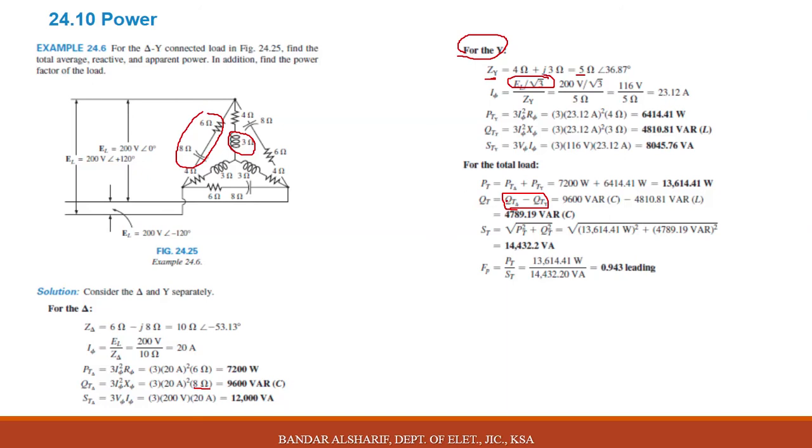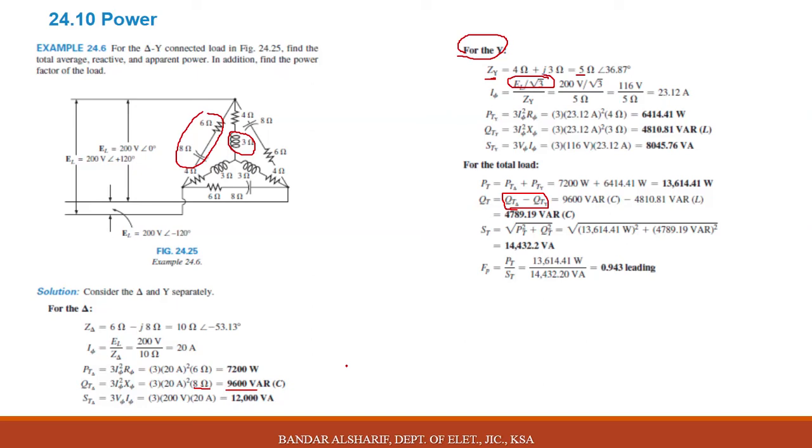You can say the capacitor is the source. If the capacitor is in the Y connection and the inductor in the delta connection, you will write the opposite. In the end, we need the answer for the subtraction between them, since one of them is a source of reactive power and the second, the inductor, absorbs reactive power.